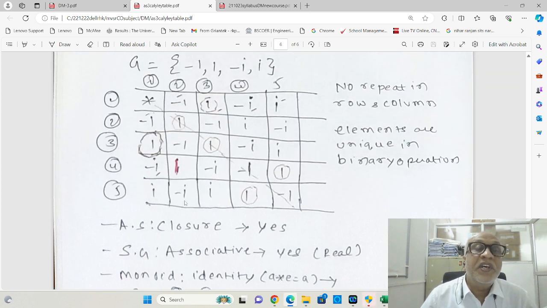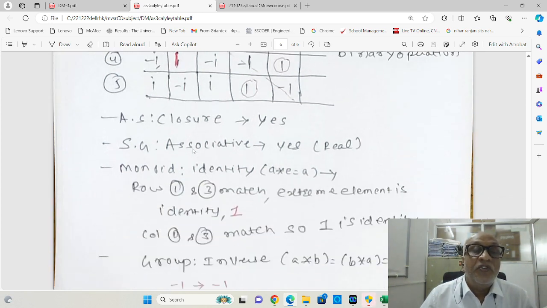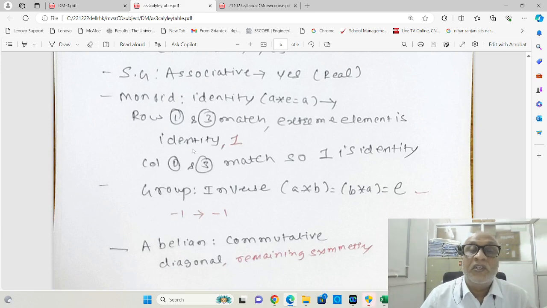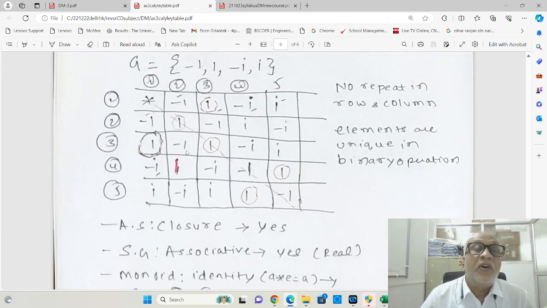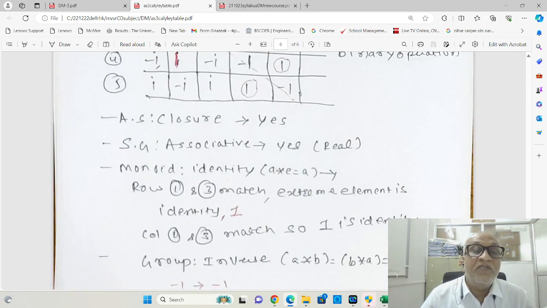You can see here the one which we have marked, this minus 1, minus 1. So this will be holding the inverse property. Similarly, this minus i, this minus i. So this will be holding the inverse property.